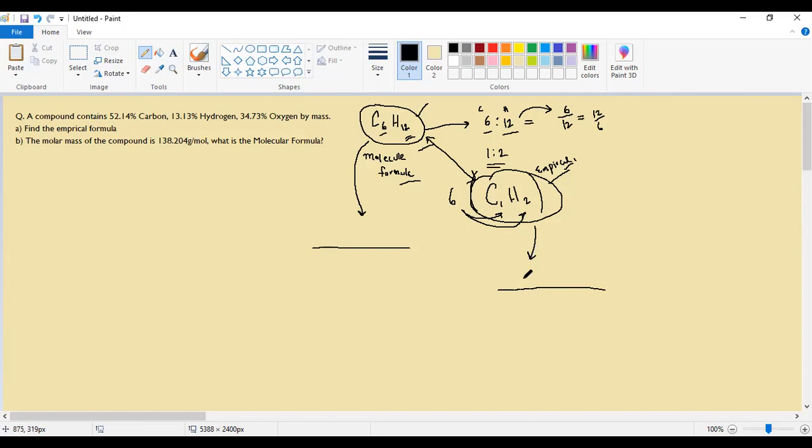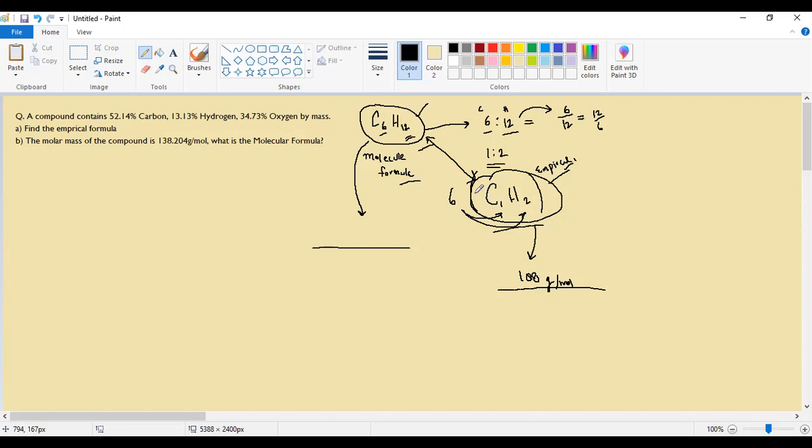And so if you had your empirical formula mass as being 108 grams per mole, then given that the molecular formula is 6 times the empirical formula, your molecular formula mass will be 108 multiplied by 6. It's 6 times 108 grams per mole, 6 times the empirical formula. So this relationship between atoms is also consistent between the masses.